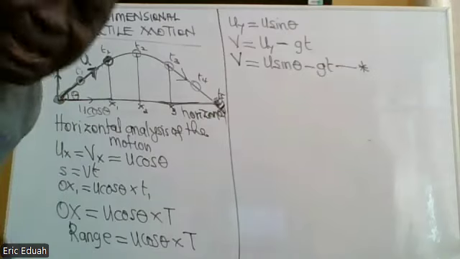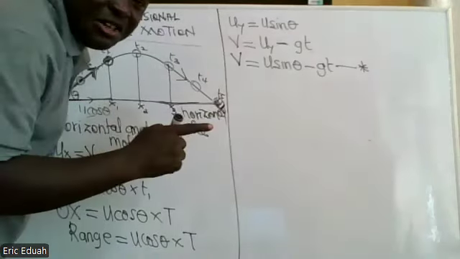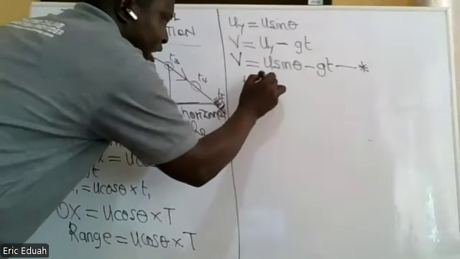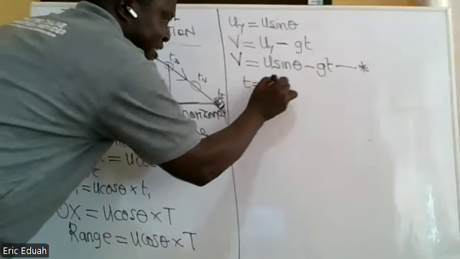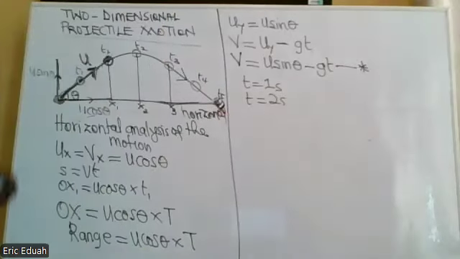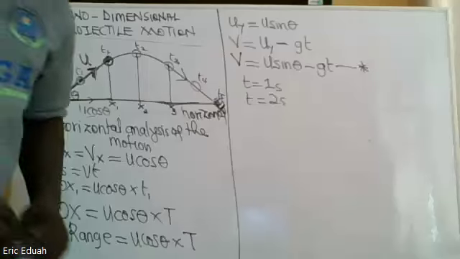So class, the same question as I gave you. Help me calculate the velocity of the body after 1 second, after 2 seconds. What will be the velocity of the body after 1 second and after 2 seconds?